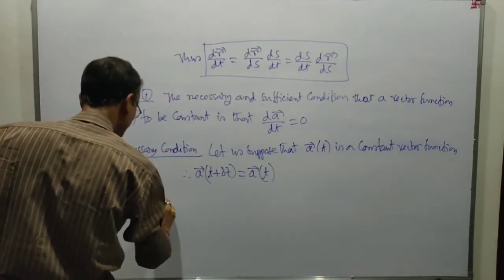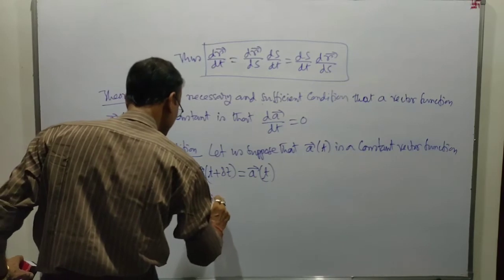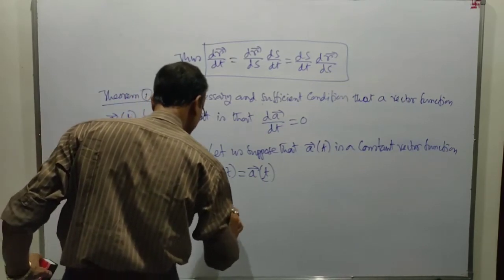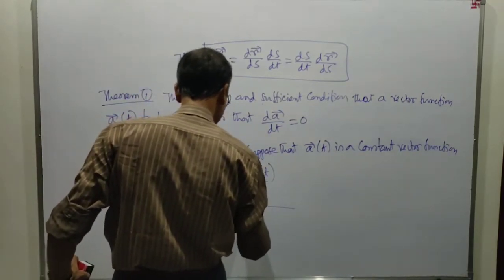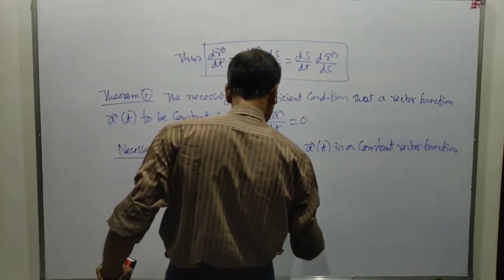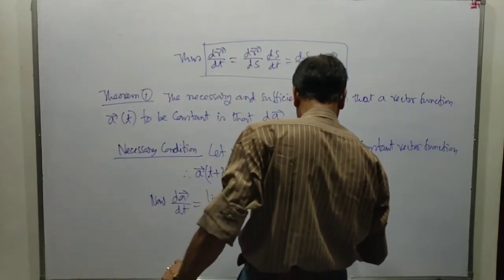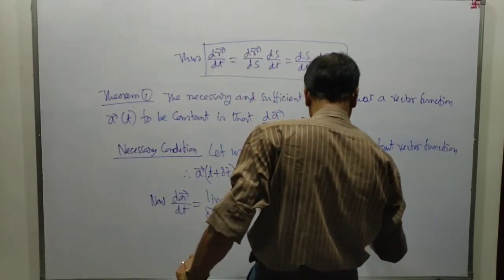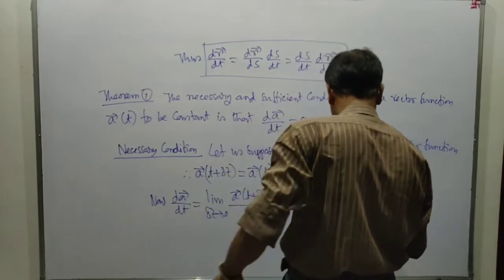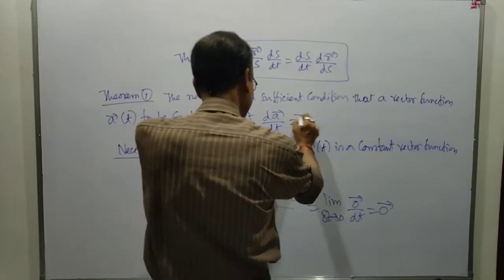Now, dA vector by dt equals the limit as delta t tends to 0 of A vector at t plus delta t minus A vector at t, divided by delta t. This is obviously 0 vector divided by delta t, equal to 0 vector.